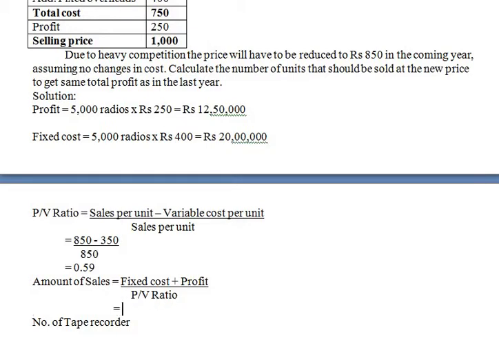Fixed cost we have already calculated, that is 20 lakhs, plus profit of 12 lakh 50,000, divided by PV ratio, which is 0.59.